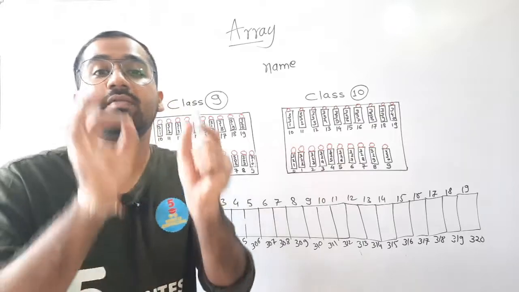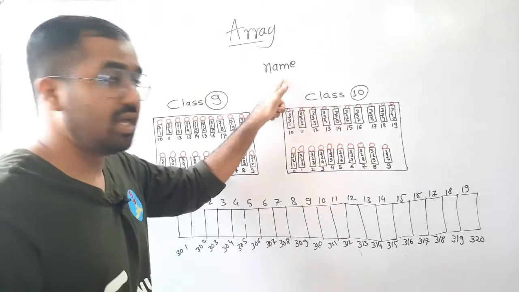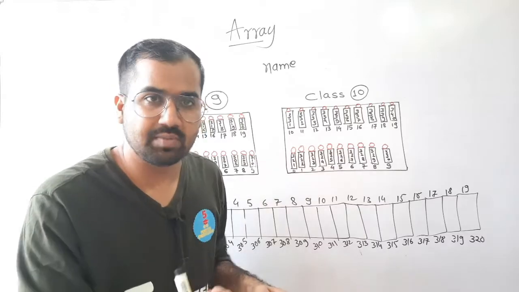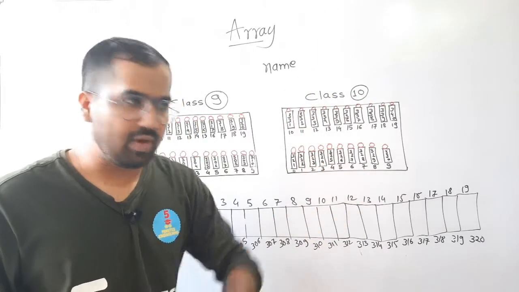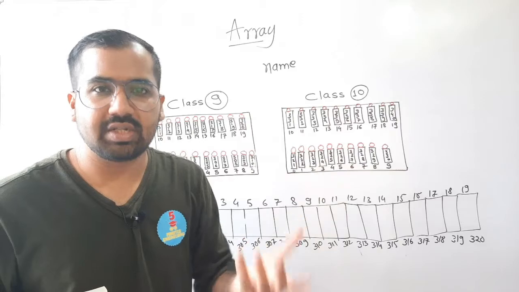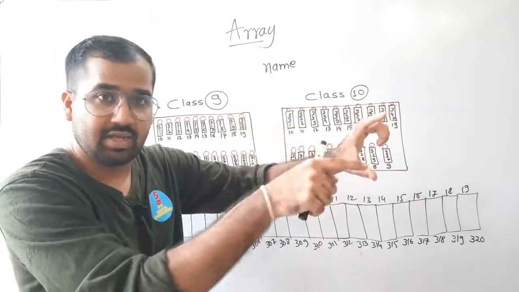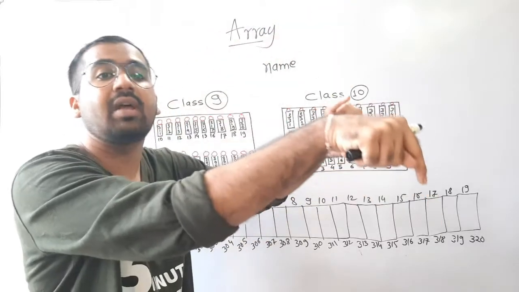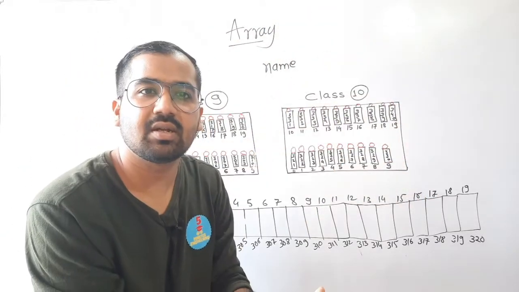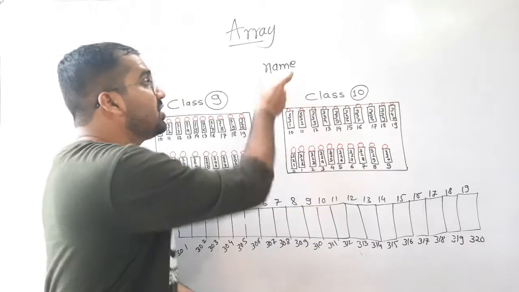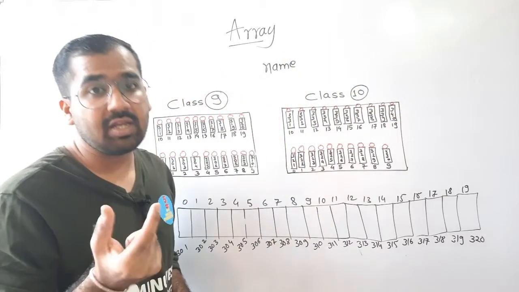So don't give generic names, always give meaningful names. In your big program, wherever in your logic you want to use the data, you can come to know from the meaningful name of the array that the data belongs to this particular array, so I can use it in this logic. That is a very important thing.